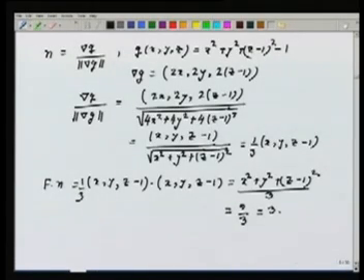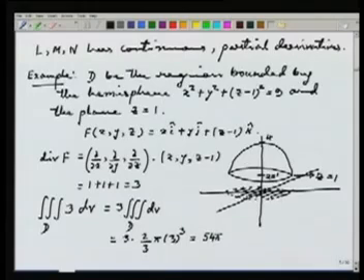Okay. Now the integral on the boundary, if I look at the picture again, this boundary is actually consisting of two surfaces. One surface is the part of the hemisphere and the other surface is the plane z equals 1. So the boundary integral now has two components.